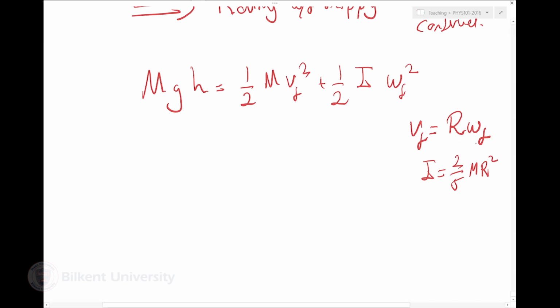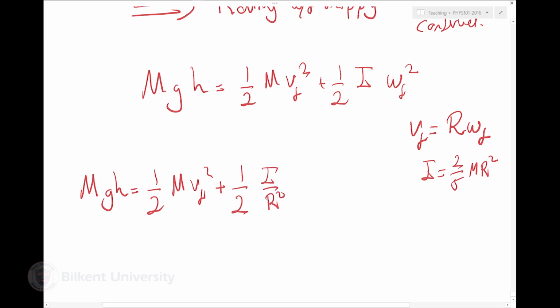So here I can write this as mgh is 1/2 m Vf squared plus 1/2 I over r squared times Vf squared.